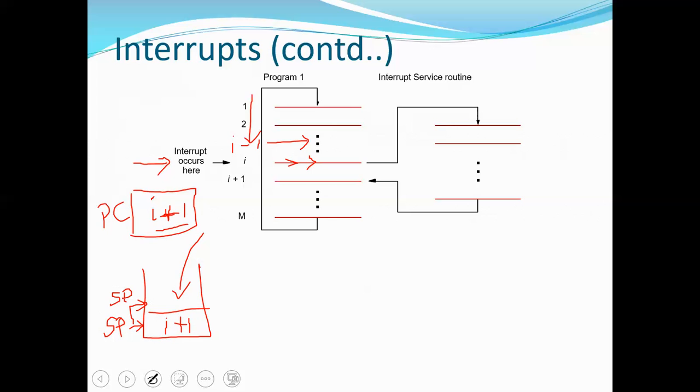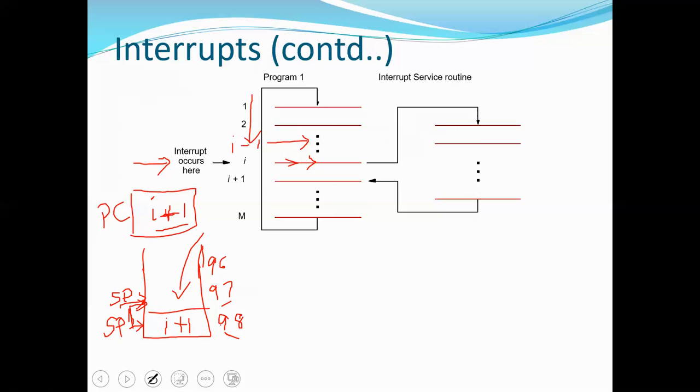In this stack, suppose this is 98, this is 97, and the stack grows like this, 96 and so on. These are the addresses of values in the stack. Now the value I plus 1 is copied into the stack, and the stack pointer is decremented by 1. The stack pointer moves to the next location, indicating where the data can be put.